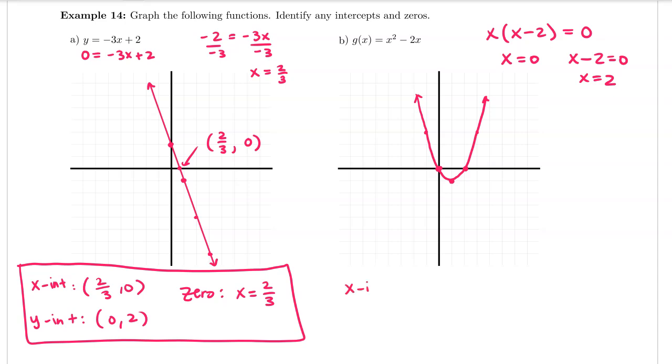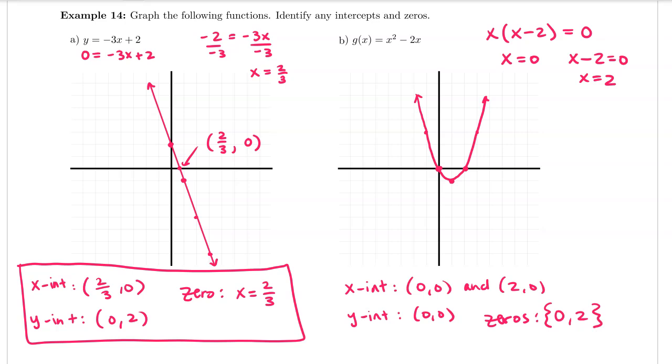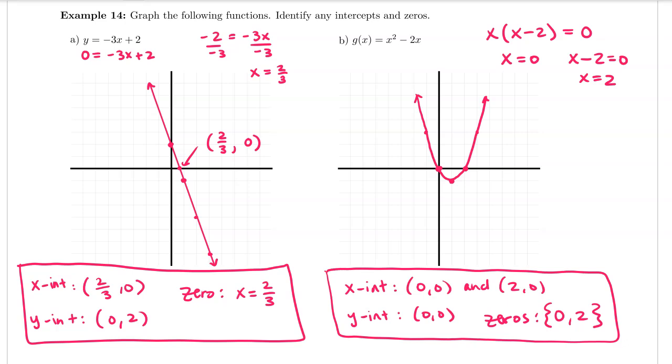My x-intercepts are at (0, 0) and (2, 0). My y-intercept is also at (0, 0), and then my zeros are 0 and 2. I'm just going to place them inside of curly brackets to denote that that's a set and it's just those two elements. And there is the answer for example 14.